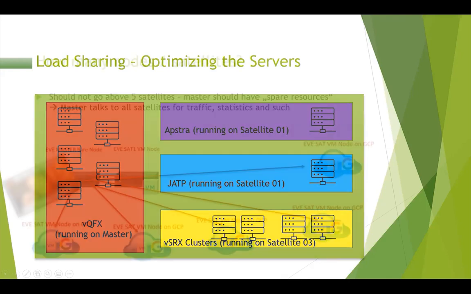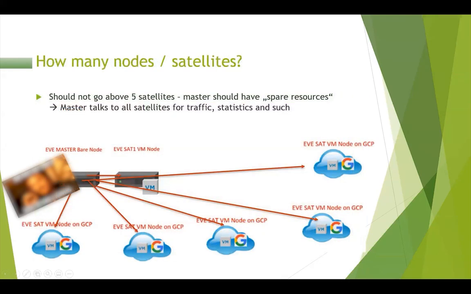And like I said, in theory, you could have, I think, even an unlimited amount of satellites, but I would never say that. Usually it's a good idea to not go above 5 satellites because, if your master is powerful enough, you can totally do that, but please keep in mind that the master needs to run a connection to all of the satellites.